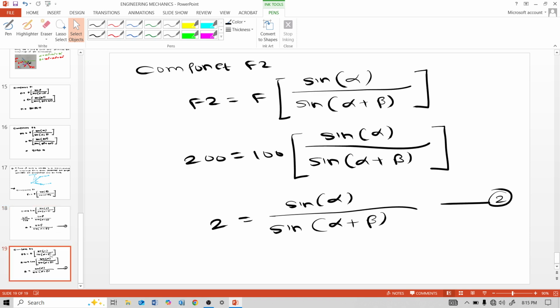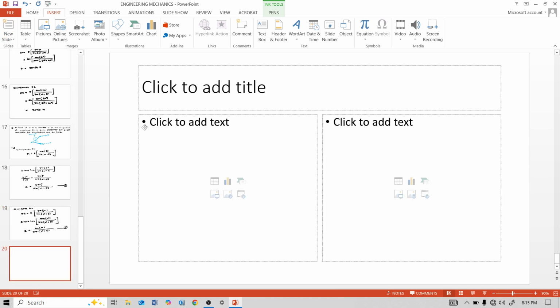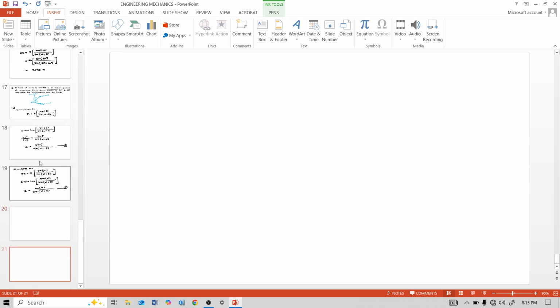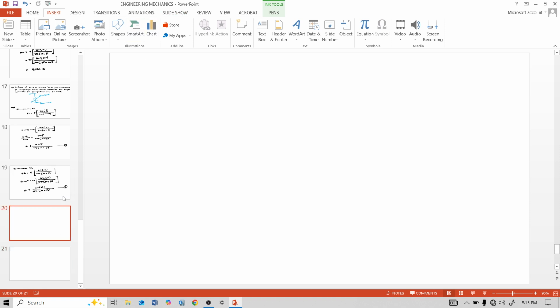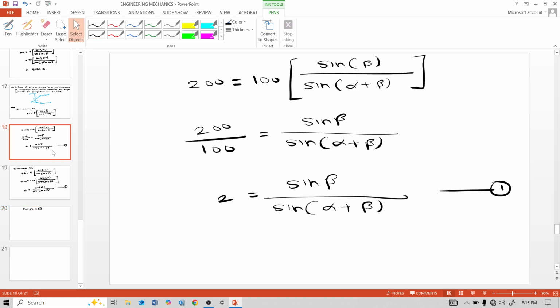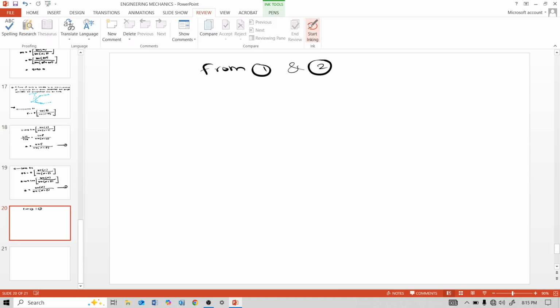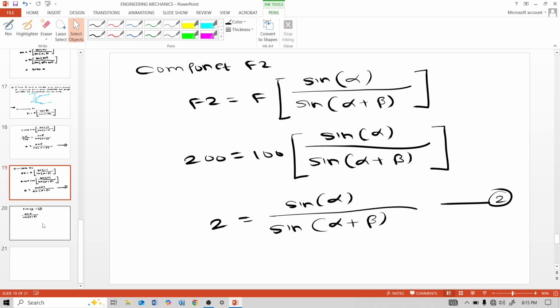From 1 and 2, we are able to write sine of beta upon sine of alpha plus beta equals sine of alpha upon sine of alpha plus beta.